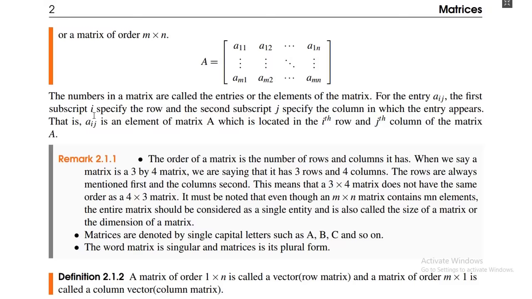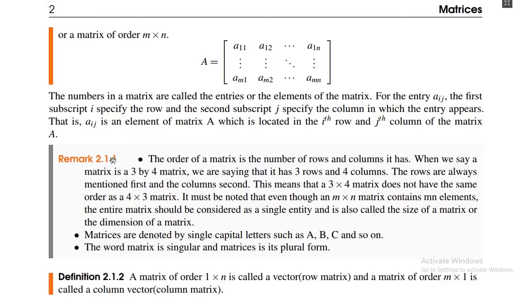The first subscript i specifies the row, and the second subscript j specifies the column in which the entry appears. That is, aij is the element of a matrix located in the i-th row and j-th column.